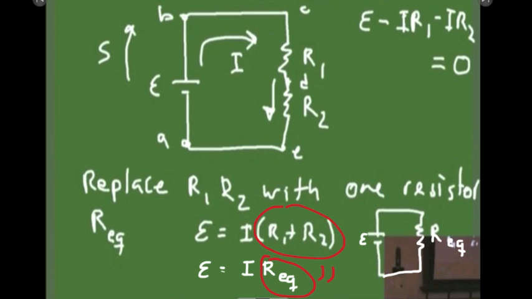Now the circuit that would have only one resistor will look simply like this, with an R equivalent instead of two resistors, right? For that circuit, assuming you have the same battery, the current in that resistor and the EMF of the battery would satisfy this equation.